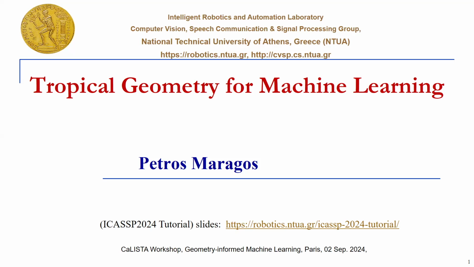The first talk will be given by Petros Maragos, who is professor in the National Technical University of Athens, and I am extremely happy to have Petros with us in the room because, as you will see during his lecture, Petros Maragos is probably the major figure on the intersection of the three topics I was using for the session of today: tropical geometry, max plus algebra, mathematical morphology, and the interaction of everything in machine learning. So let's just enjoy the talk by Petros.